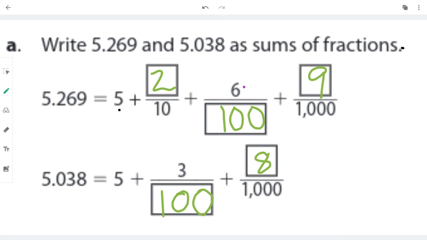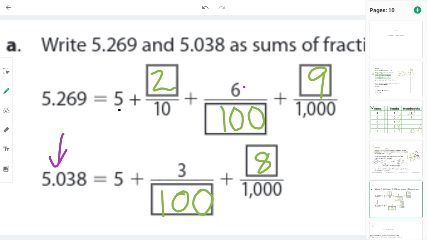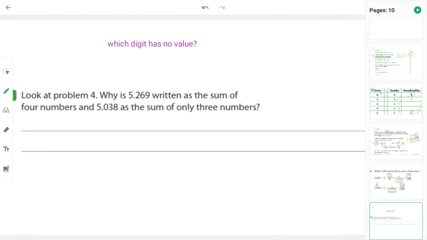Think about this one. Why do we leave this digit out? I said that I don't have any tenths. Something to think about. And that's exactly what your next question is asking you.